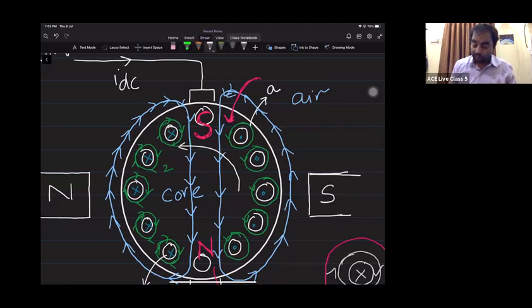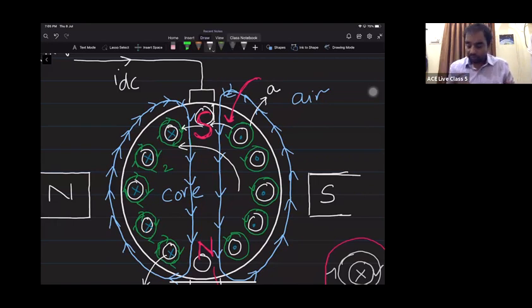When this armature is rotating, you can see this conductor will come here. It will touch the commutator. After that, it will come here. So the position of this conductor will change from south pole to north pole.